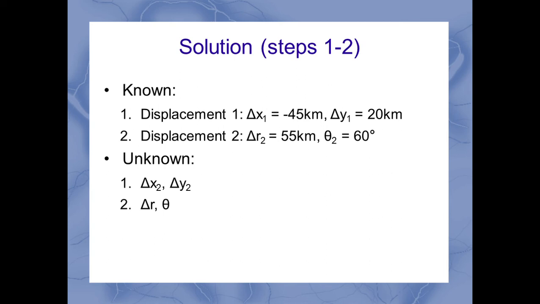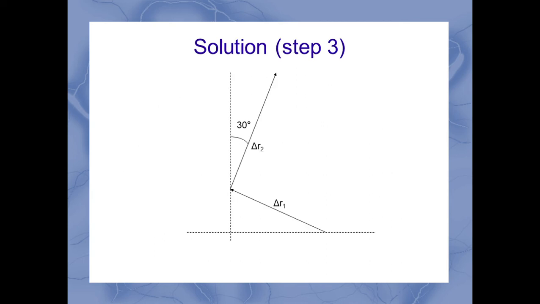So we'll draw those out. This one's a little bit trickier. So if we look at it, our first displacement is northwest. Then the second displacement is northeast. So our overall displacement looks like, depending on how I've drawn this, is going to be somewhat northwest.